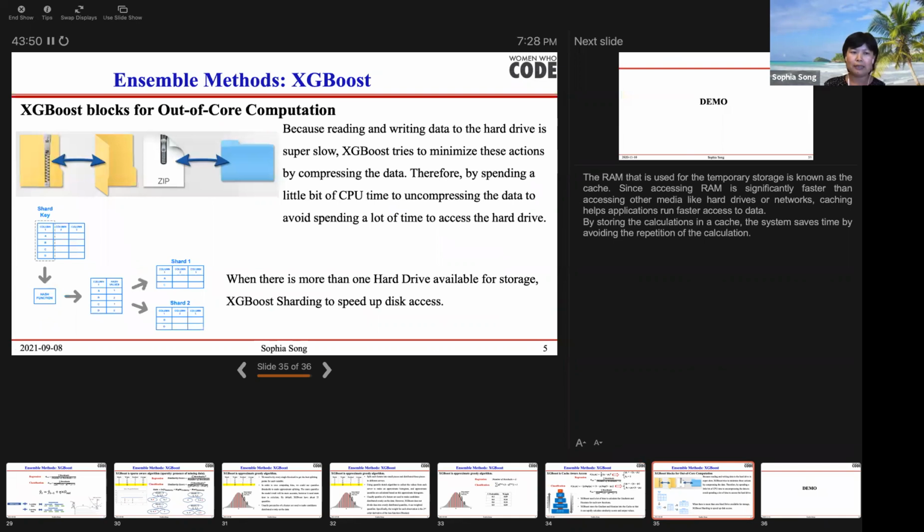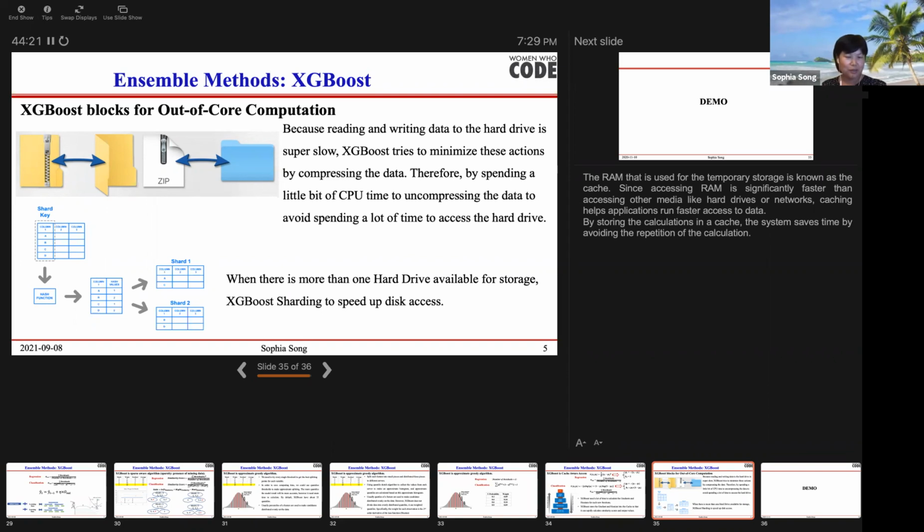Another thing is, if your data set is very large, for example in a database, XGBoost uses the sharding technique to split your data into small pieces and store them on different hard devices. XGBoost also compresses your data and stores it in the cache.